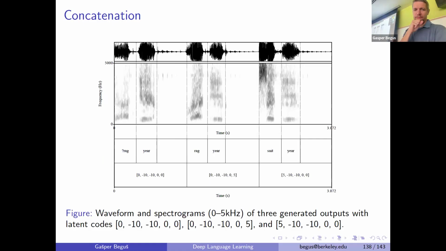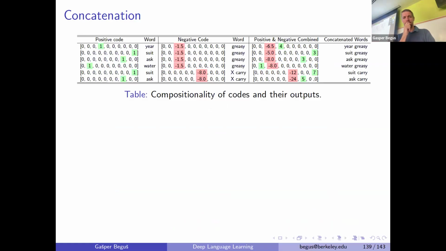And so here's an example. You have a latent code. You know the latent codes by now, ones and zeros. If instead of zeros and ones, you generate with fives and zeros, you know what's happening, single words. But if you generate with minus fives or minus tens, you get concatenated words like raggier, suitier, and so on. And one thing that is peculiar is that this concatenation appears to be semi-compositional.